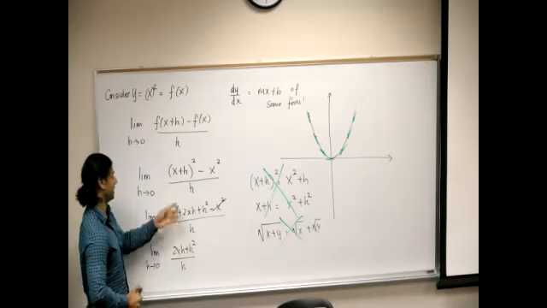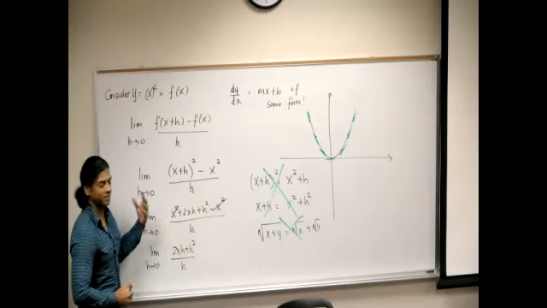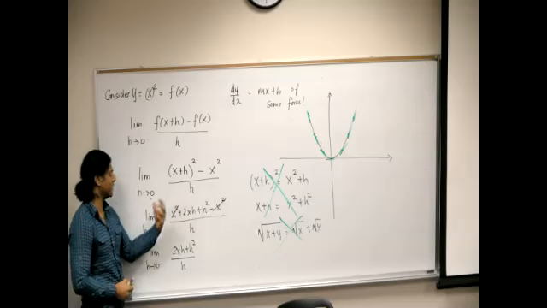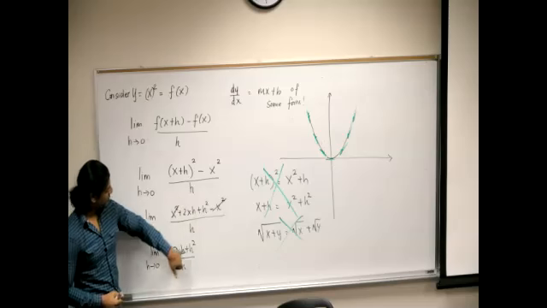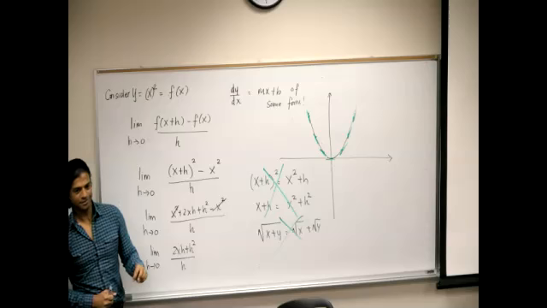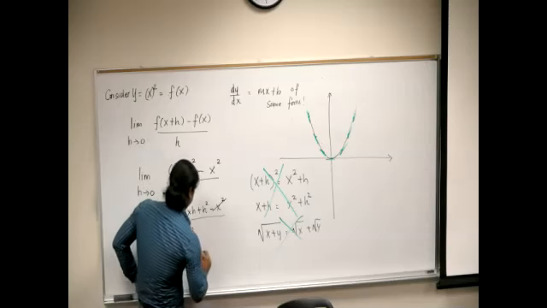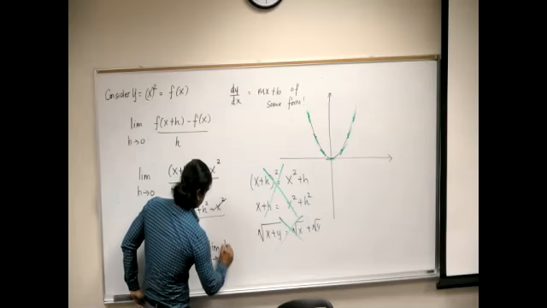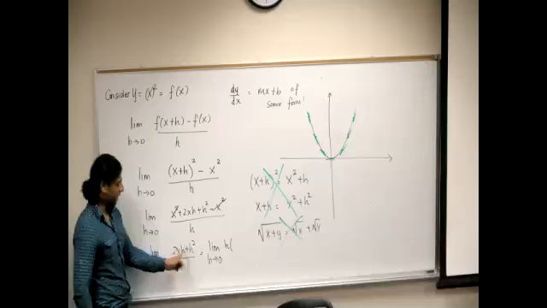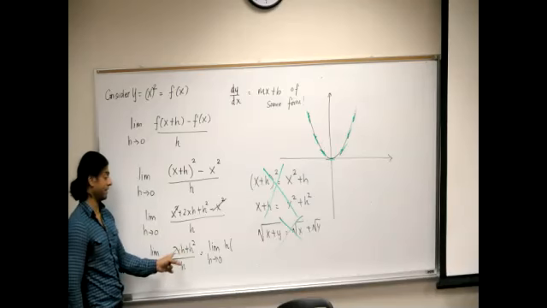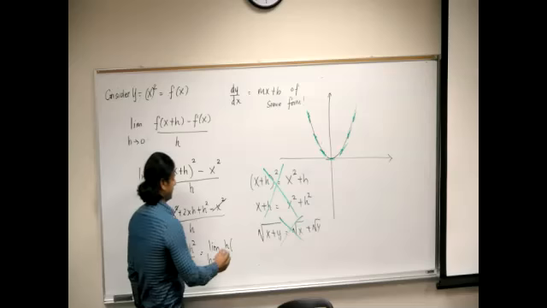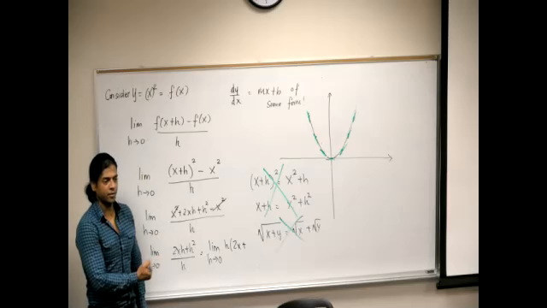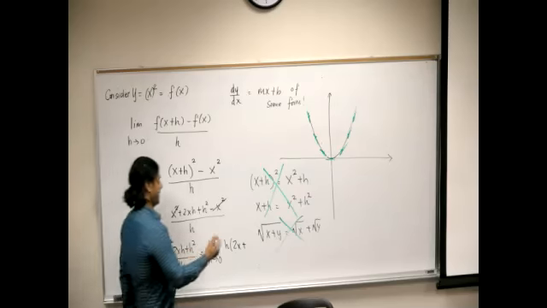In simple terms, x squared will get cancelled. We will have 2xh plus h squared divided by h. What do we have in common? h. If h comes out of 2xh, what would we have? If h comes out of h squared, what would we have? h.